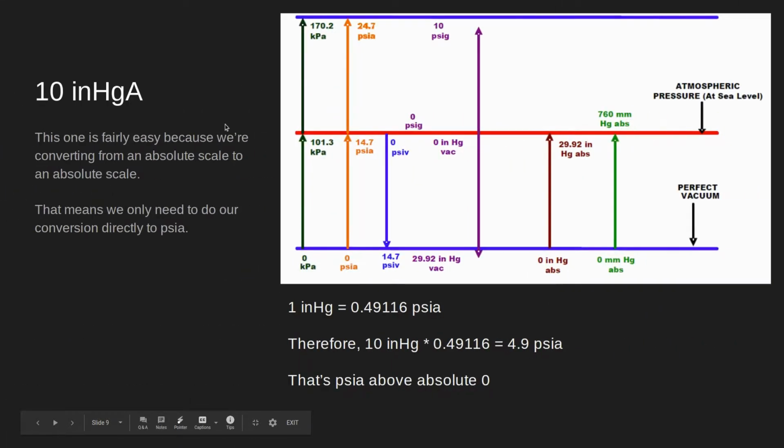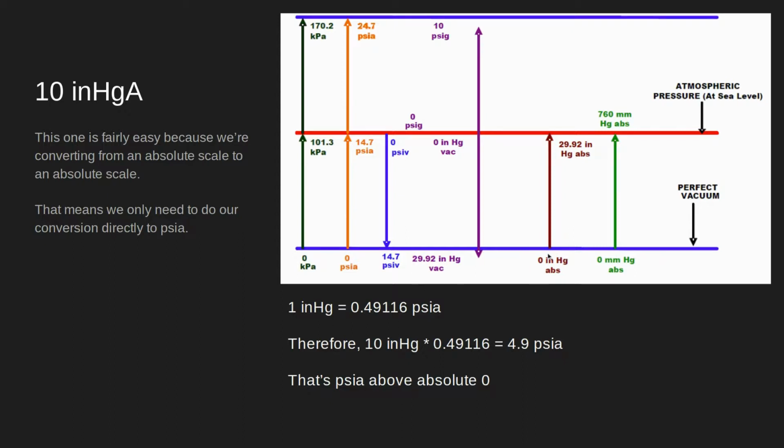Let's do another one. 10 inches mercury absolute. Like the 17 inches of mercury vacuum, we have to do a conversion with the 0.49116 psia per inch mercury. That, like I said, is from your steam tables, that conversion chart in the back. But since it's in absolute, we already know we're starting from this blue line, the absolute zero on the bottom.